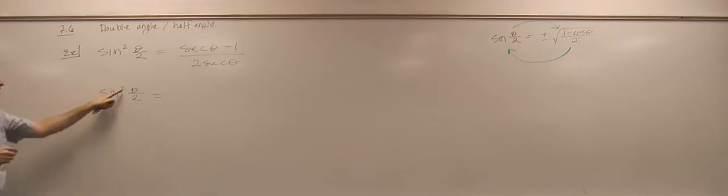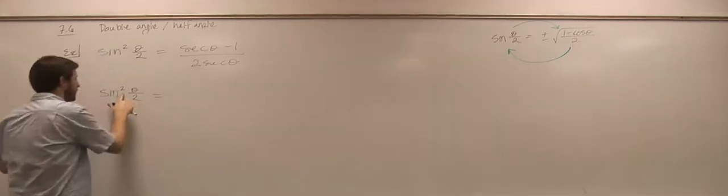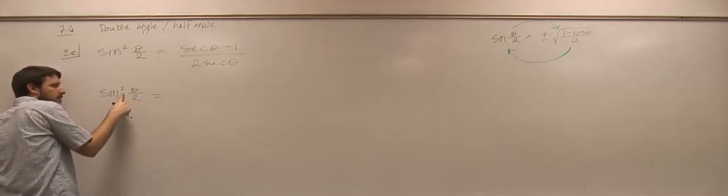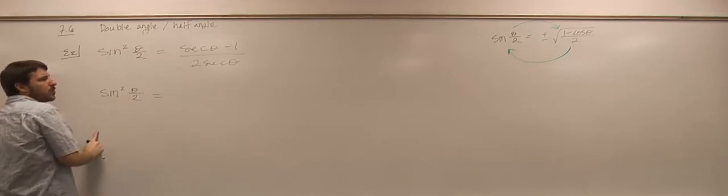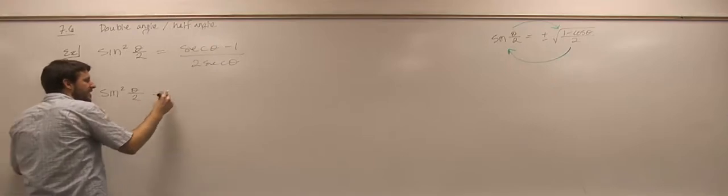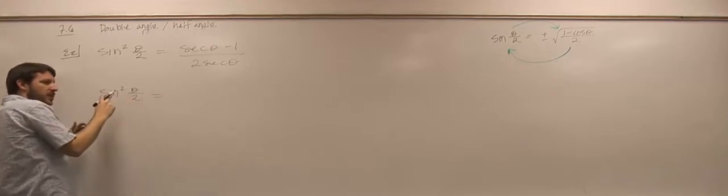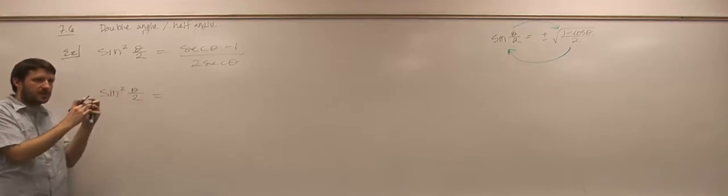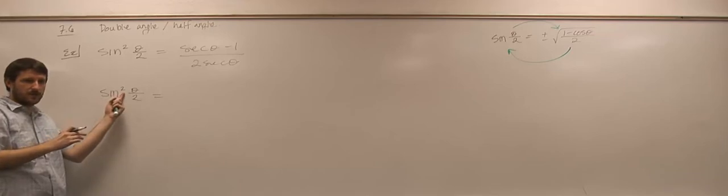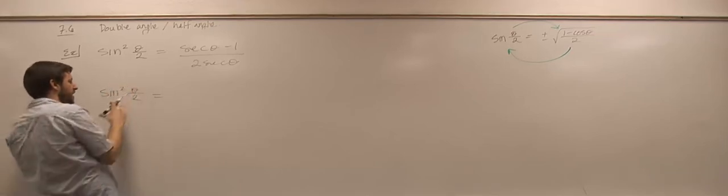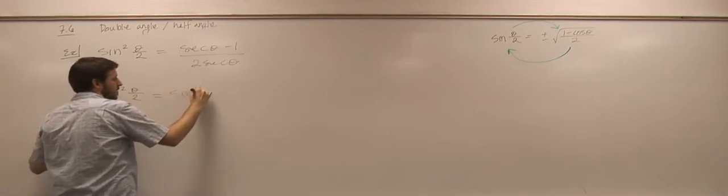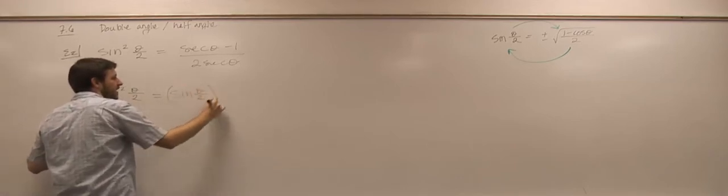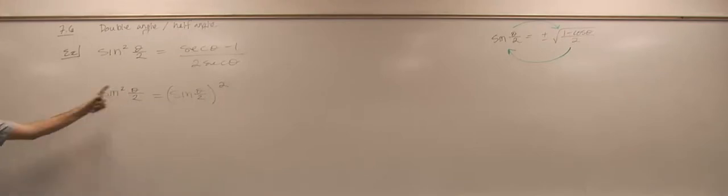How is this squared going to affect things? You have a formula for sine theta over 2, and the square just means take that formula and square it. You just take whatever sine theta over 2 is and square it.